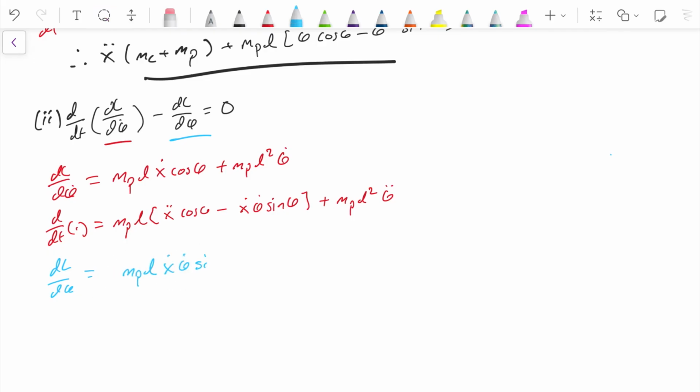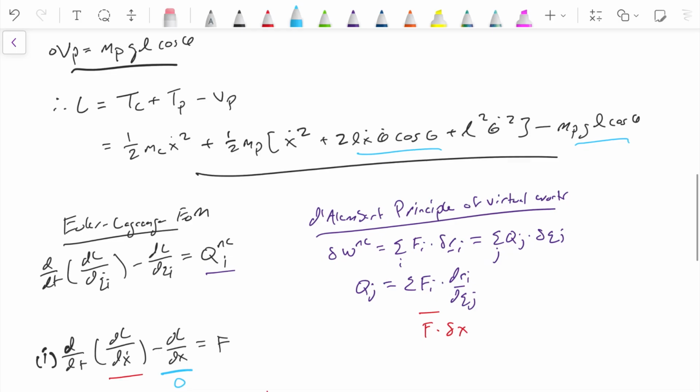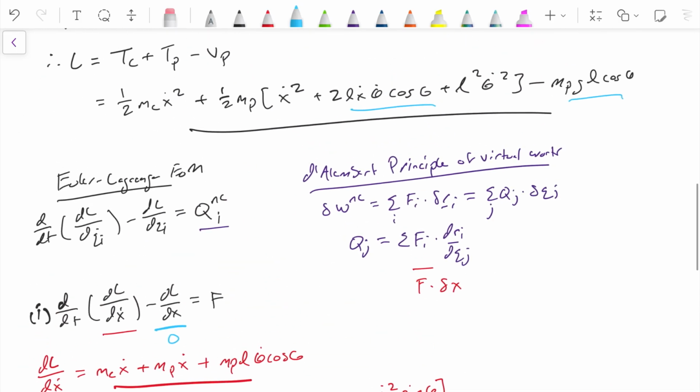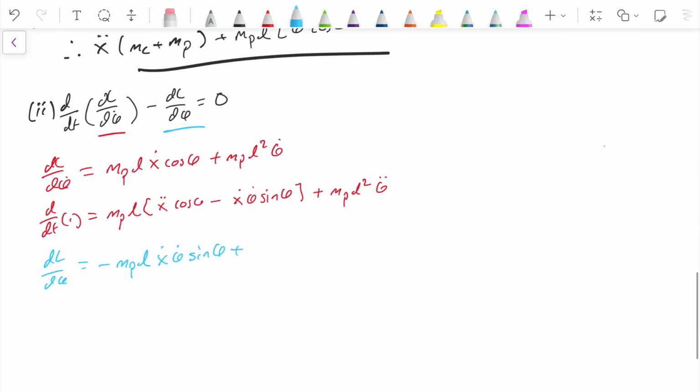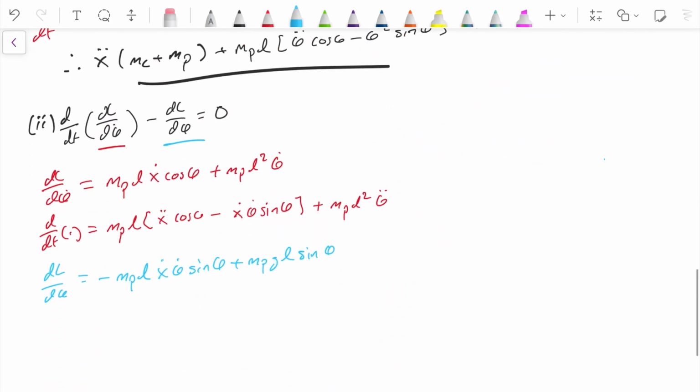So this is going to be sine theta minus. All right, and then we have cosine, so MPGL. It's going to be plus MPGL sine theta. Again, these are partials. It's not the time derivative of the cosines. And I think that is good there.